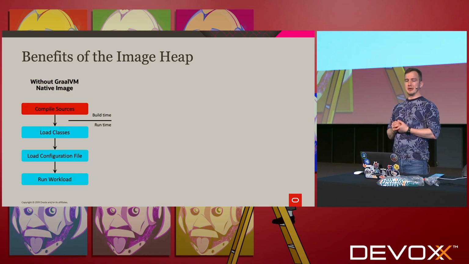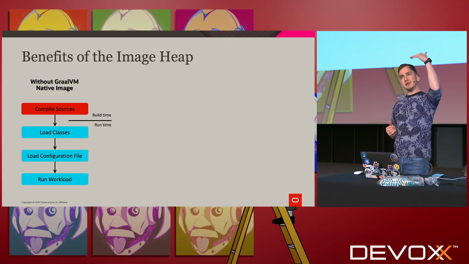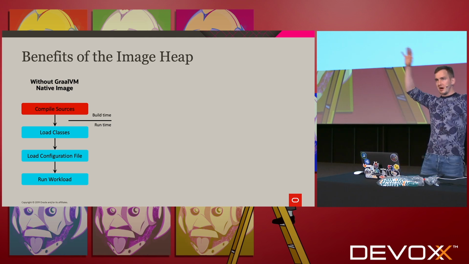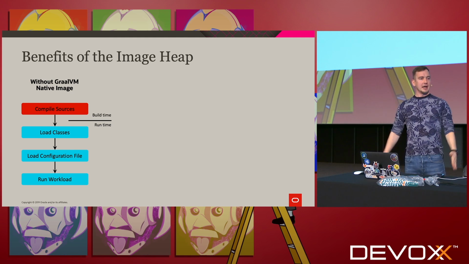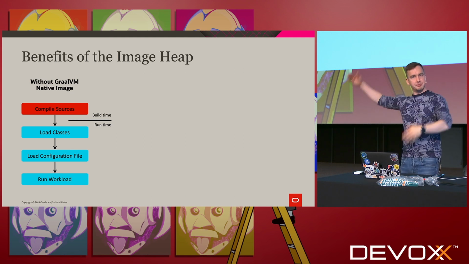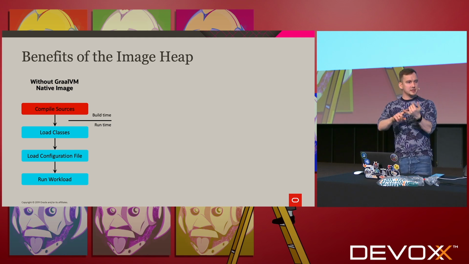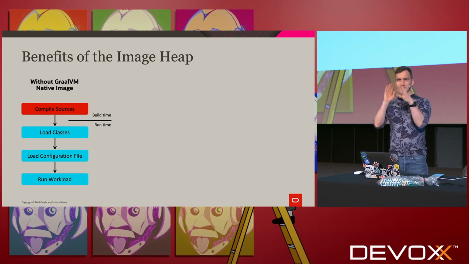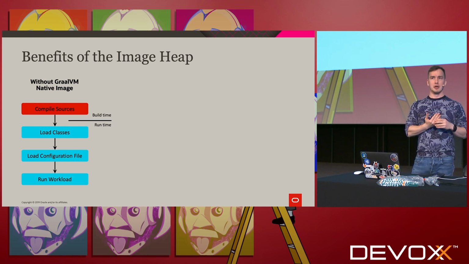Think of it this way. If you conventionally compile your sources, your javac compiler compiles Java code to JVM bytecode. And then when you run it, you load the classes, you load the configuration files, you verify everything, and then you compile those, and then you run the workload.